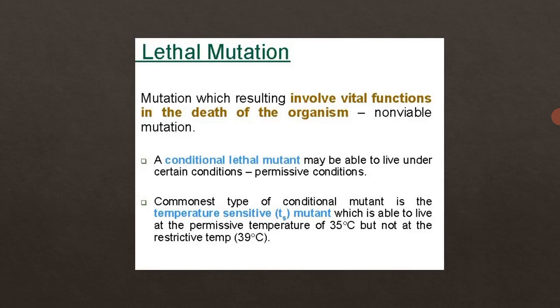Okay, so next we will study the various types of mutations, for example, lethal mutation, then conditional mutations. So what is a lethal mutation? This we are studying in the bacteriophages only. Now we know what a mutation is. It is a sudden change in the genetic material.